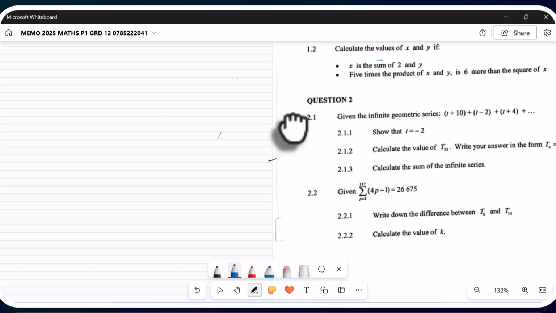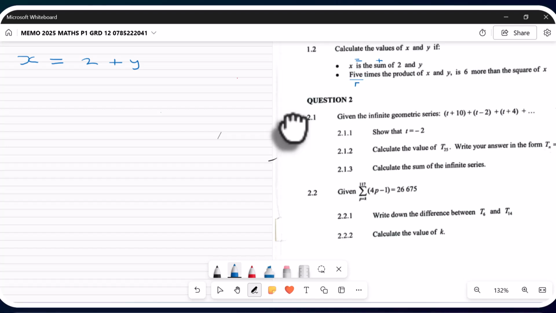Are we together? And then they say 5, this 5 here, times, that means multiplication, the product of x and y. The product of x and y means multiplication, is 6 more than the square of x.